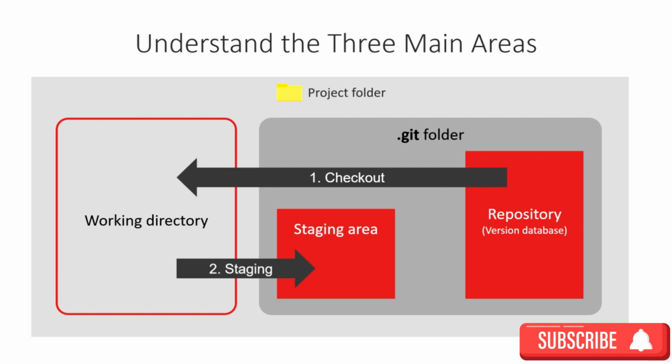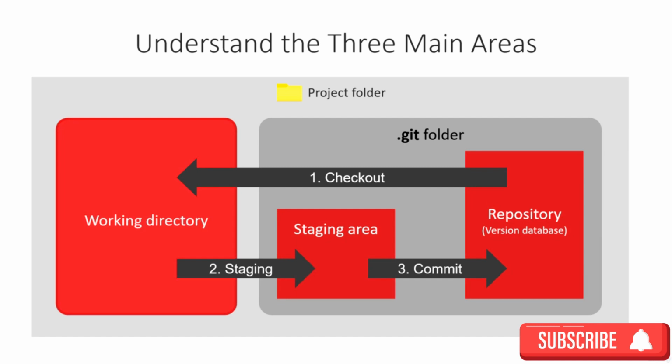Everything that you added to the staging area will be part of the next commit. So, these are the three main areas that you need to know when you work with Git: the repository, the staging area, and the working directory.